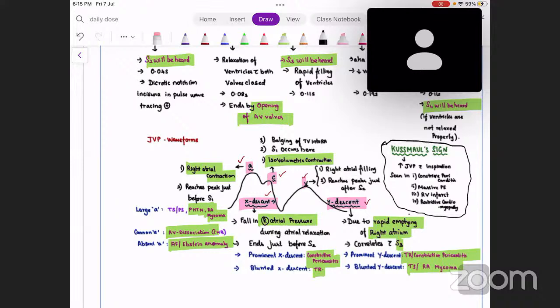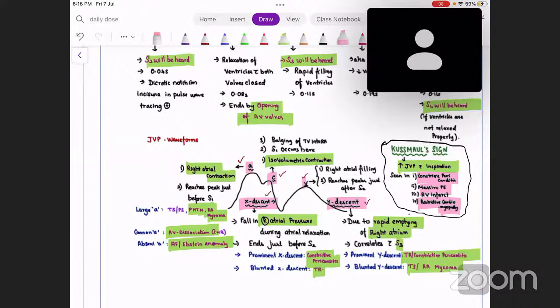Whenever you see an elevated JVP during inspiration, it is called the Kussmaul sign. Kussmaul sign is seen in constrictive pericarditis, massive pulmonary embolism, RV infarct, and restrictive cardiomyopathy.